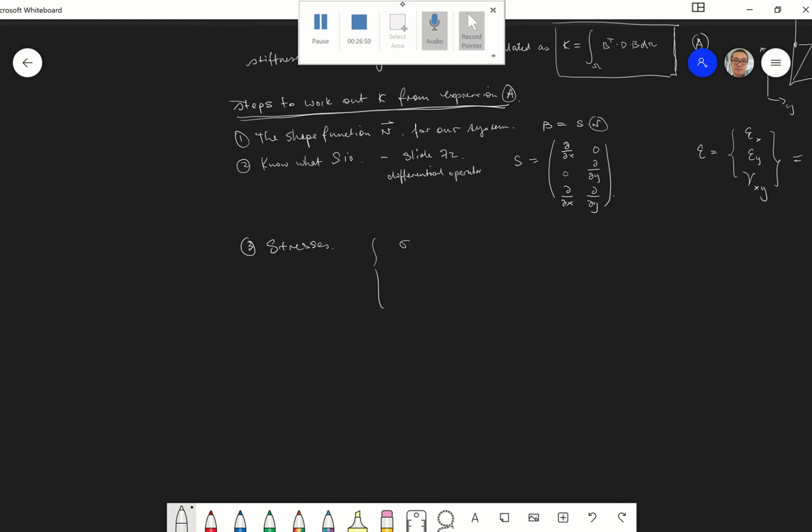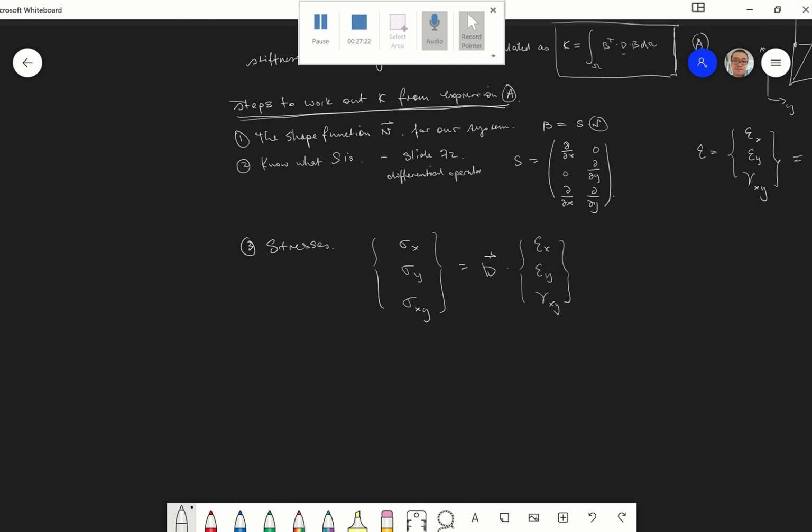We have the stress along x, stress along y, and stress along xy direction, which is equal to this D matrix, which is up here, times the corresponding strain, epsilon x, epsilon y, and gamma xy.